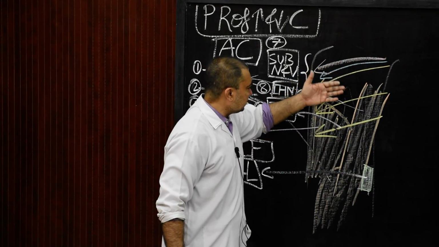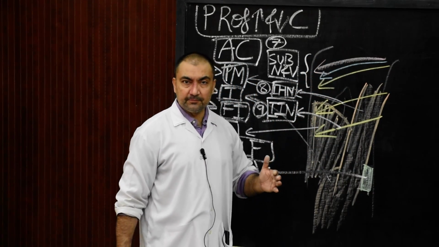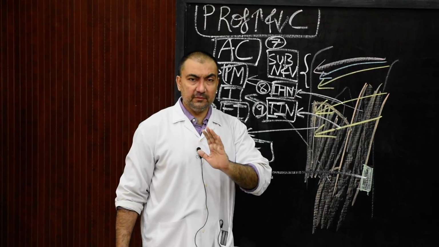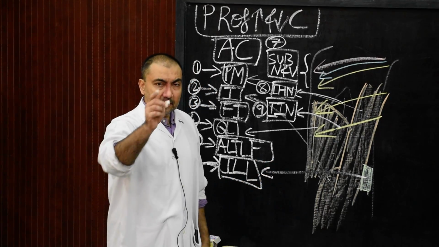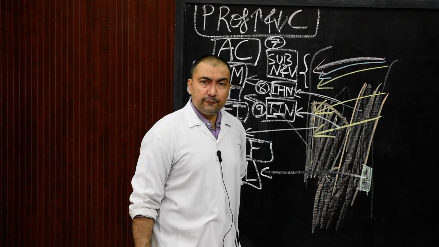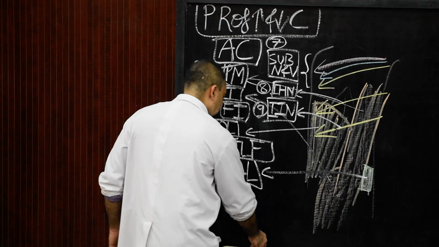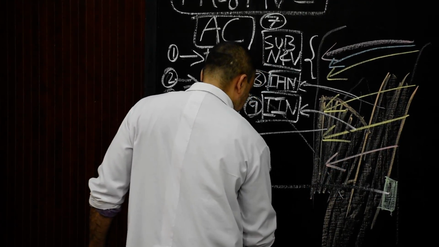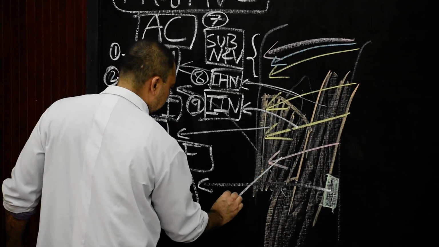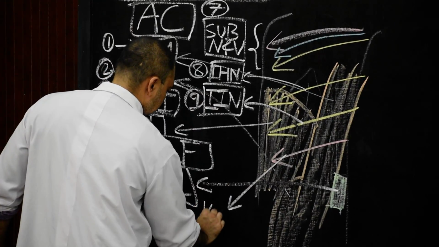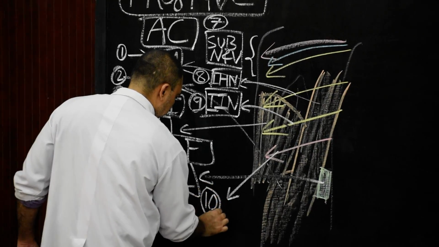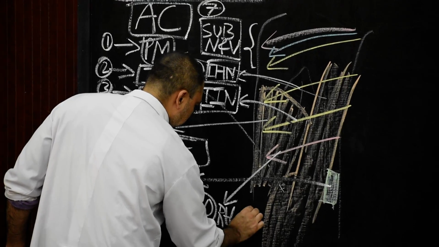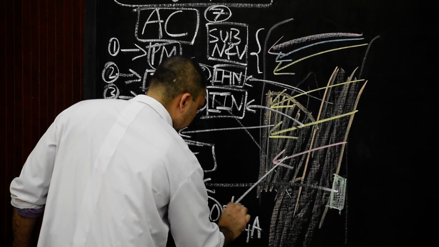So subcostal nerves and vessels, iliohypogastric nerve and ilioinguinal nerve: three nerves along with the subcostal vessels. Very easy to remember. Now comes one artery, the right fourth lumbar artery. We will mention it here on this side and mark it as structure number 10, the right fourth lumbar artery.